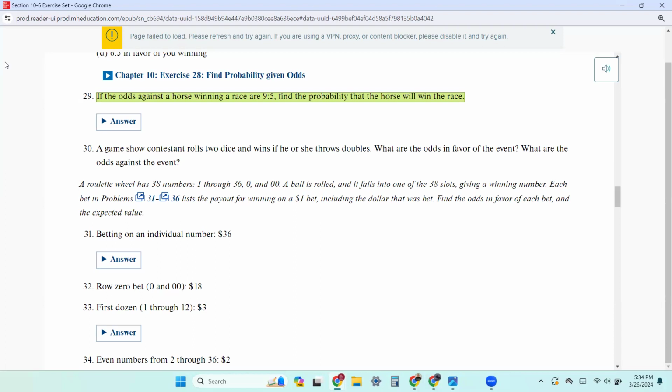All right. What can we do? Come on. What can we do to figure out what number 29 wants?